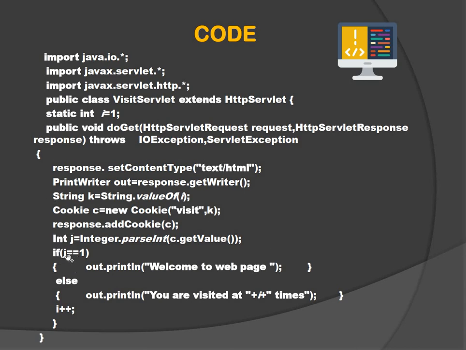If j equals 1, out.println prints "Welcome to the page." Otherwise, it shows how many times the user visited the page. This cookie is responsible for tracking how many times the user visits the website.